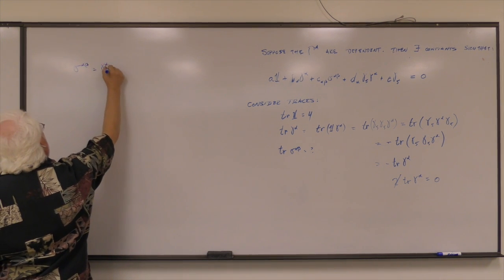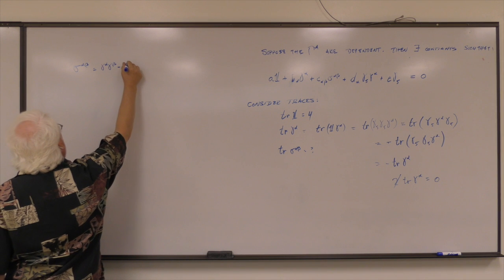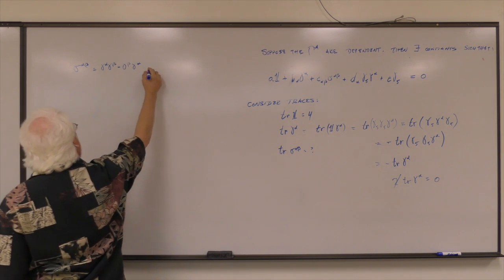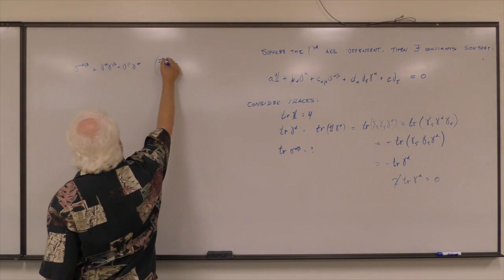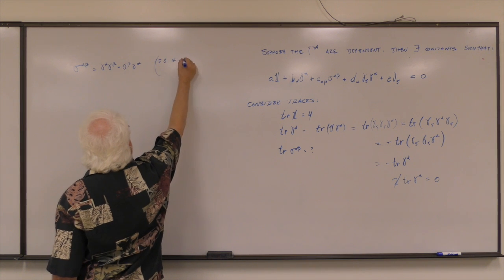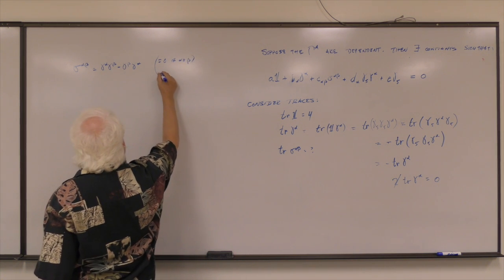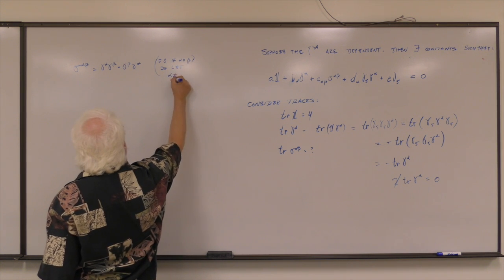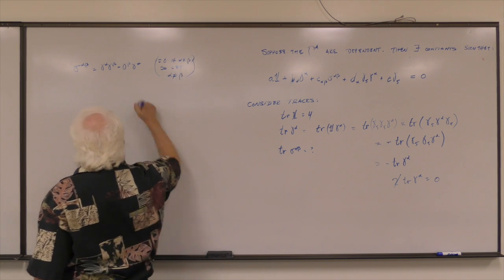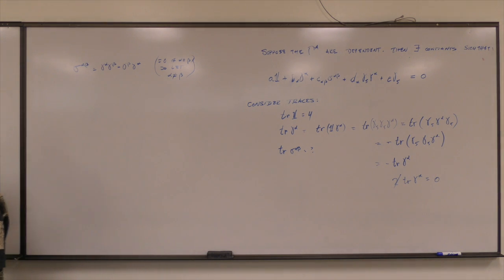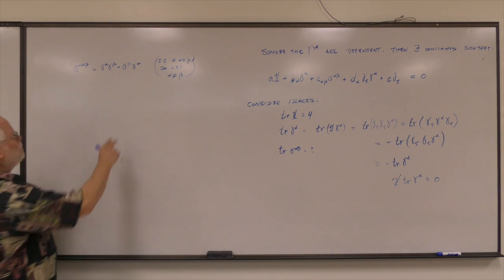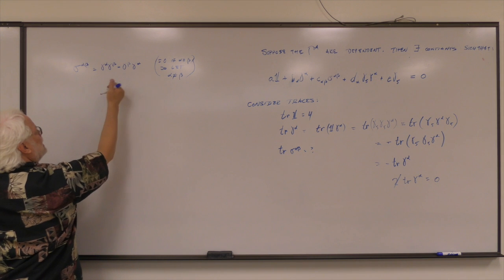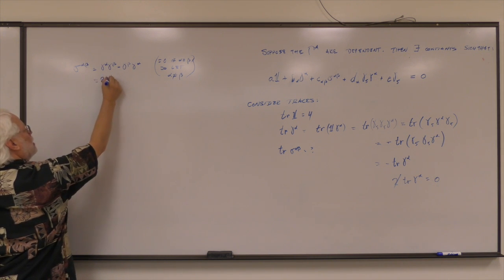It's gamma alpha, gamma beta, minus gamma beta, gamma alpha. So it equals 0 if alpha equals beta. So let alpha be different from beta. So this only exists if alpha and beta are different, which means that these two anti-commute, and this is just twice gamma alpha, gamma beta.